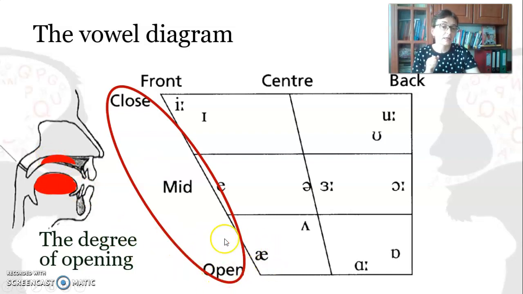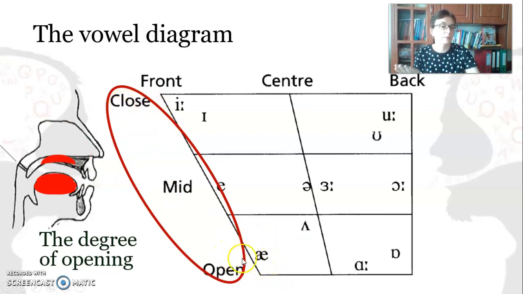When producing an open sound, the tongue would be at its farthest in relation to the palate. And finally, when producing a mid vowel sound, the tongue would be somewhere in the middle in relation to the palate. We can pay attention to the degree of opening of our mouth as well.